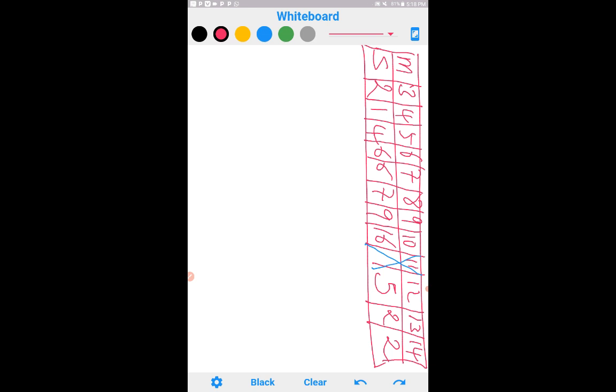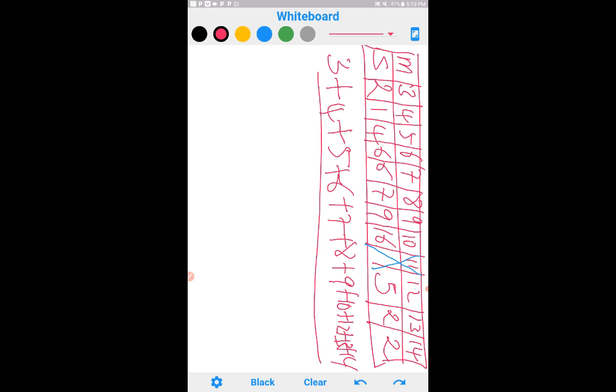We have 3 plus 4 plus 5 plus 6 plus 7 plus 8 plus 9 plus 10 plus 12 plus 13 plus 14. All right, and then we divide by what? This is 1, 2, 3, 4, 5, 6, 7, 8, 9, 10, 11. We divide by 11.